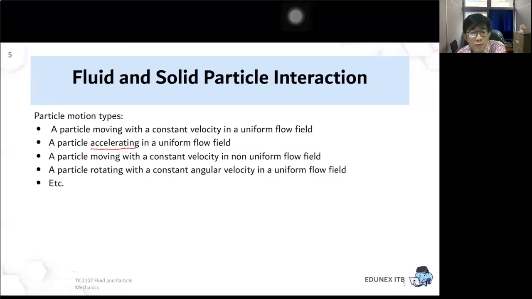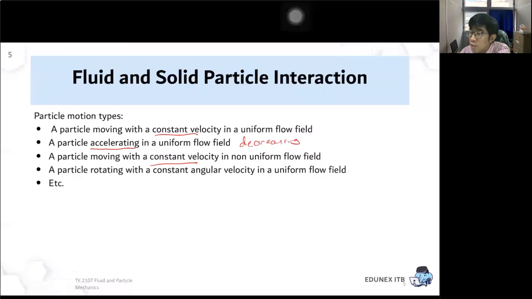Accelerating means the velocity is increasing with time. Sometimes it can also be decreasing with time.